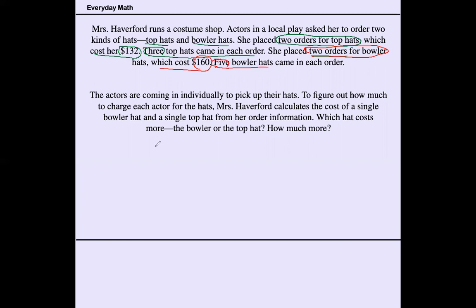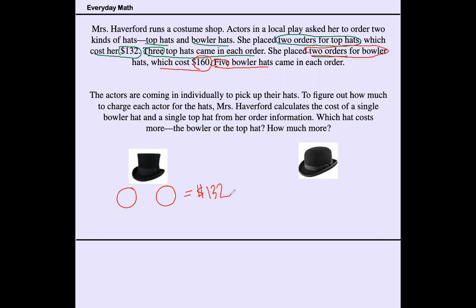Okay, so if I were to draw this out, this is how it would look. There were 2 orders of top hats, and it cost $132.